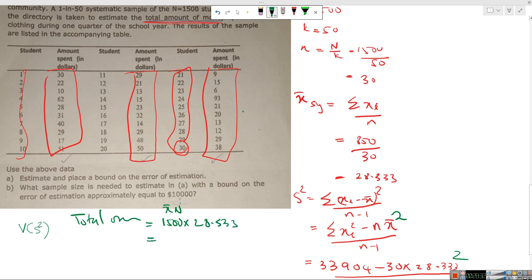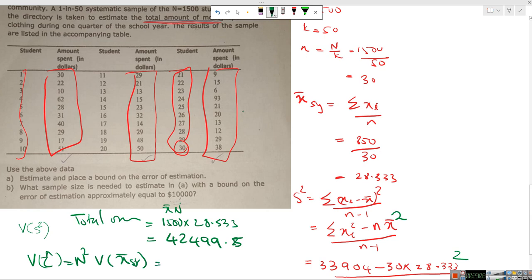So 1500 into 28.333 is equal to 42499.5. Okay, and we have to find out the variance of the total. Variance of tau hat is equal to N squared into the variance of x bar for systematic sampling.